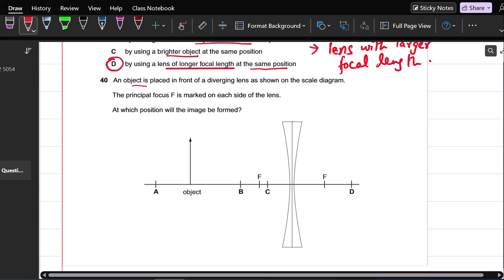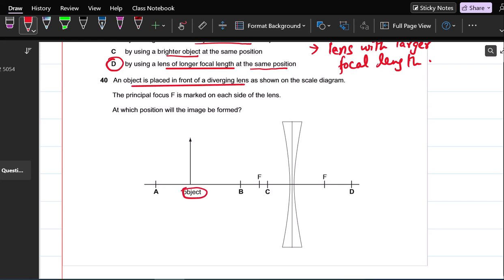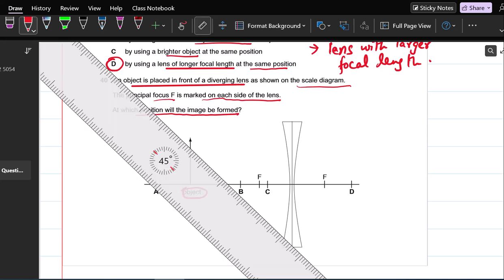An object is placed in front of a diverging lens. Here we have object. As shown on the scale diagram, the principal focus F is marked on each side of the lens. At which position will the image be formed? So it is a diverging lens. We have to draw a ray diagram.